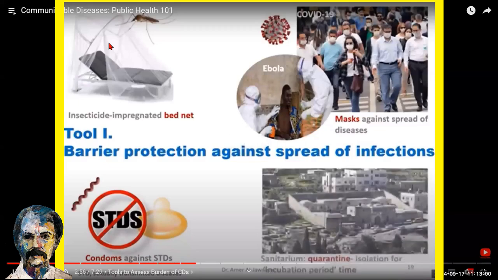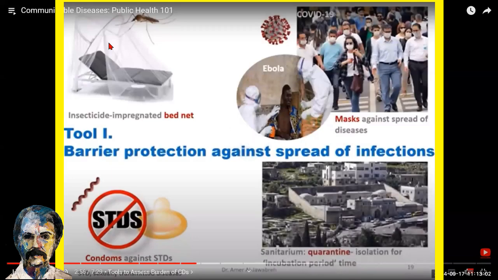And here we can show you something about quarantine. They isolate the people with deadly diseases or diseases that can be infectious. Here is an example, which is the sanitarium or quarantine. This is in Palestine, in a city called Al-Khalil. It was built by the Ottomans, the Ottoman Empire, 200 years ago.